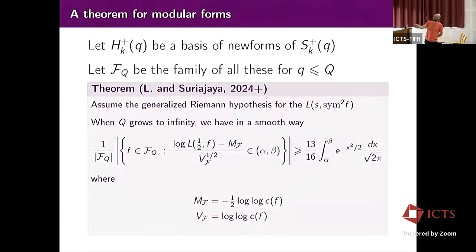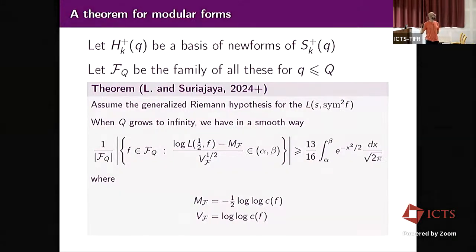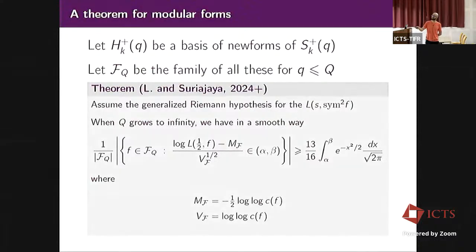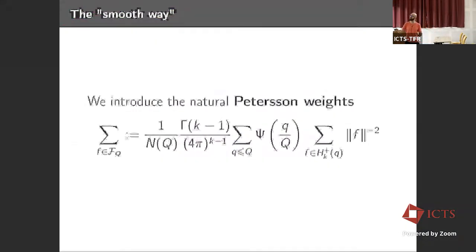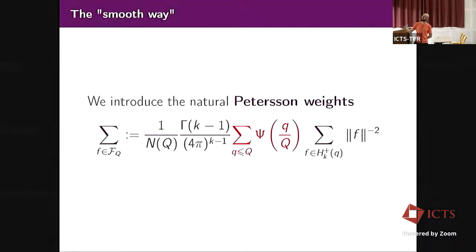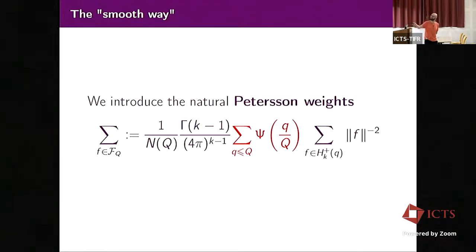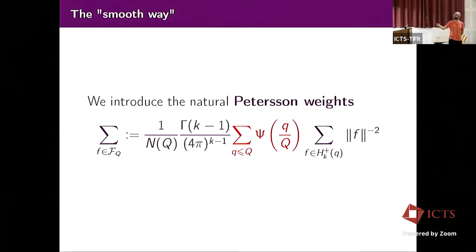Okay, just one thing here. I said in a smooth way, and all along everything will be smoothed. I will just write some sums over F or cardinalities as if they were sharp, but this is not true. In fact, everything is smooth. So all my sums over F are in fact, well, this big sum, it's not that difficult. It's the normal sum over the family, but smoothed only over the level.